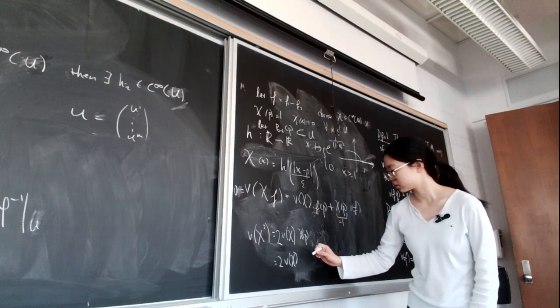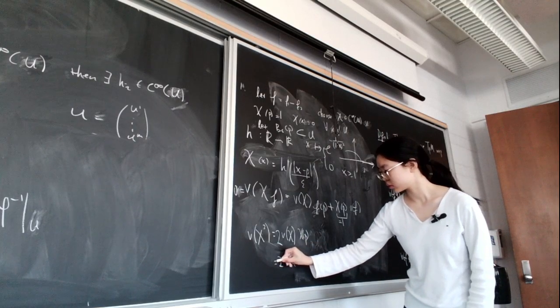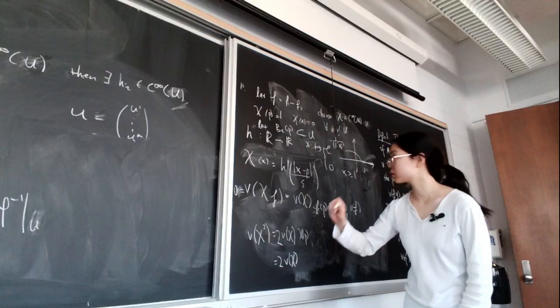And chi squared is equal to chi on U. So 2 V of chi is equal to V of chi.